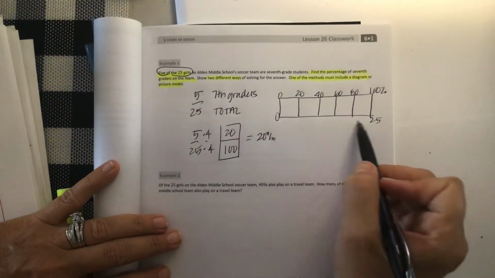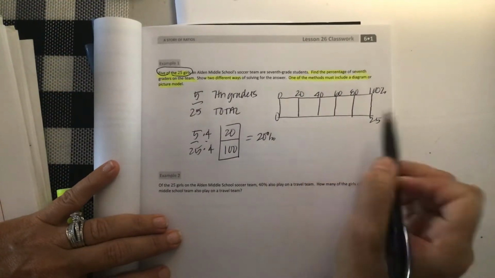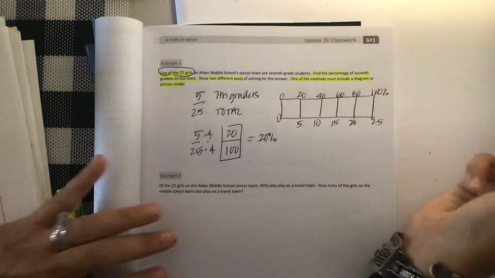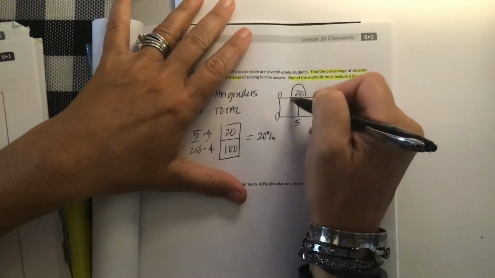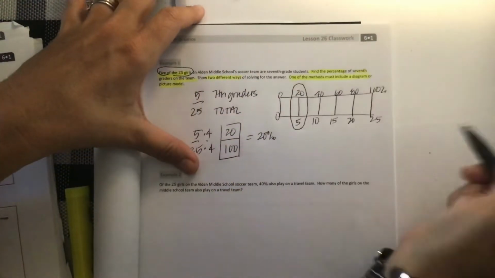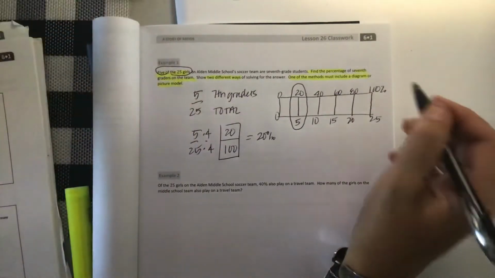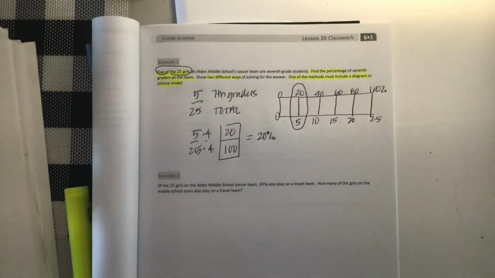So we're going to do increments of 5 because 5, 10, 15, 20, 25. And now you can see using your double number line that 5 out of 25 is going to be 20%. So there's another method.